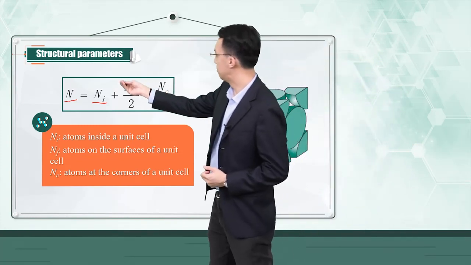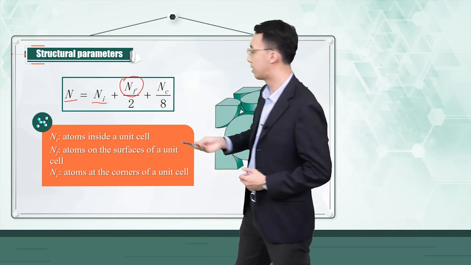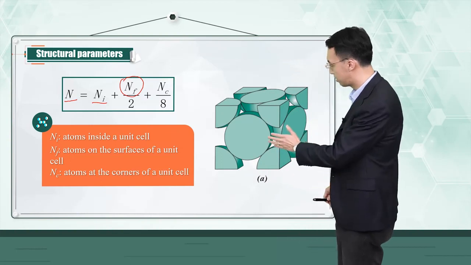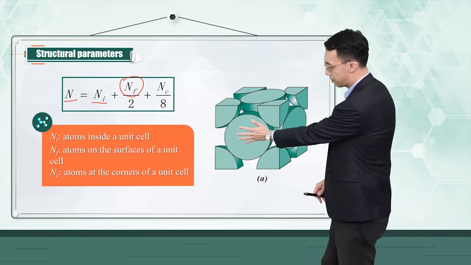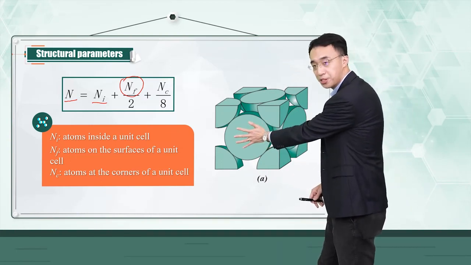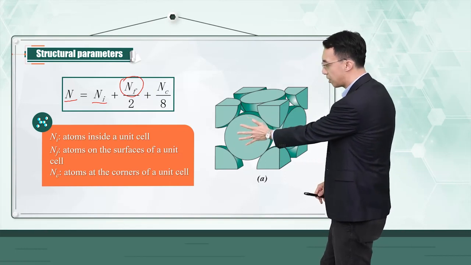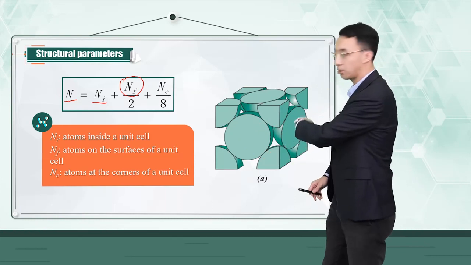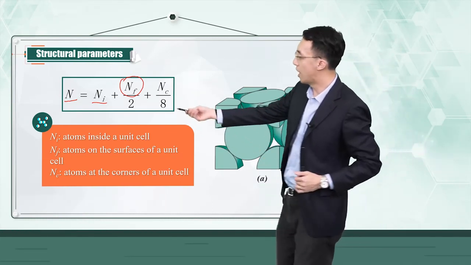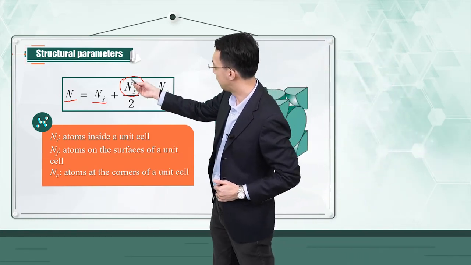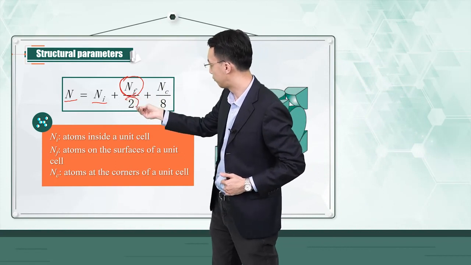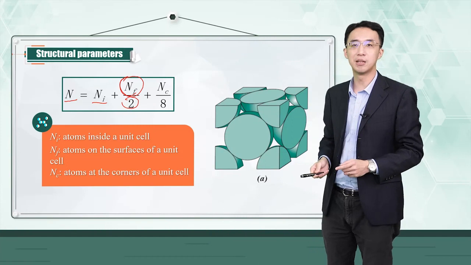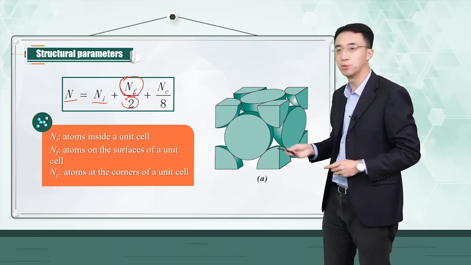And this term Nf is the atoms at the face center of your unit cell. For example, in this FCC structure, this is your face-centered position atom. And this atom only contributes half an atom to this particular unit cell. So you have to divide this Nf by a factor of 2 here to count the net number of atoms contributing to this unit cell.